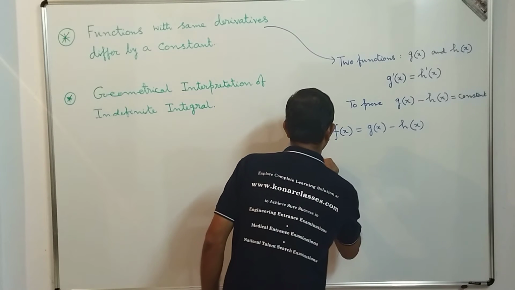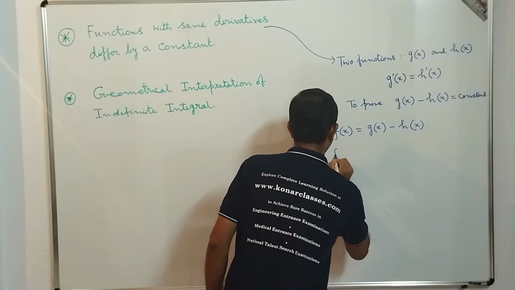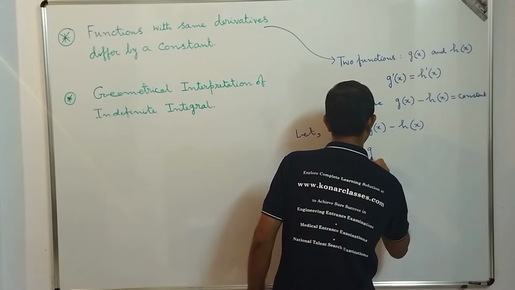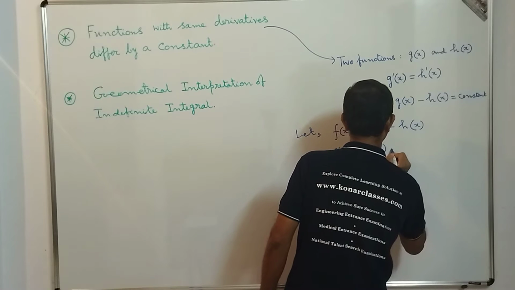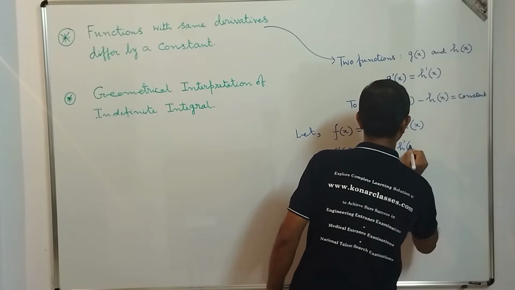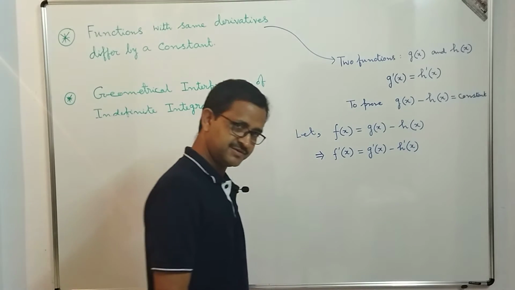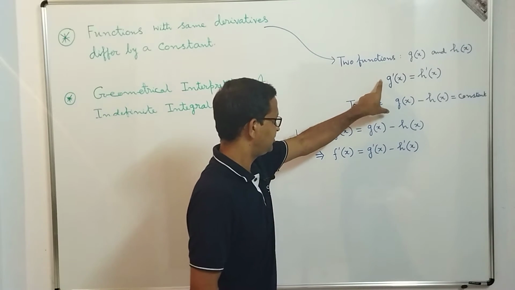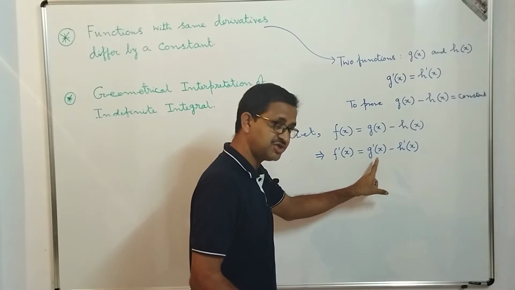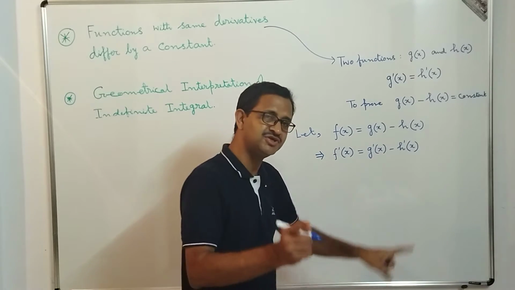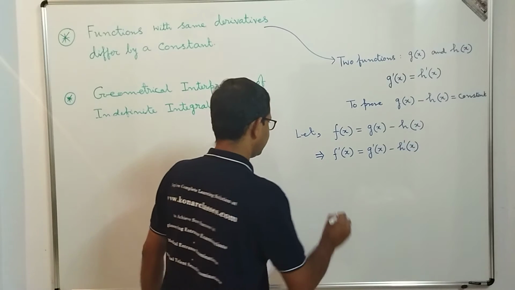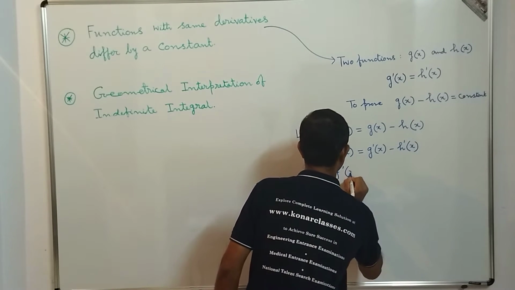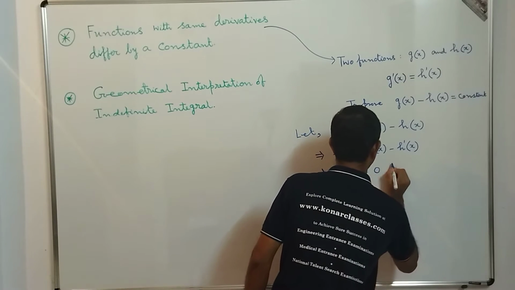Now if we differentiate both sides with respect to x, what do we get? f'(x) equals g'(x) minus h'(x). Now, according to the given condition, g'(x) equals h'(x), that means g'(x) minus h'(x) equals 0. So this implies f'(x) is equal to 0.